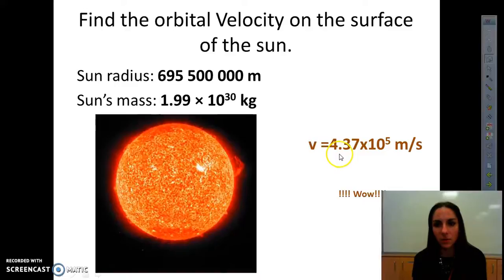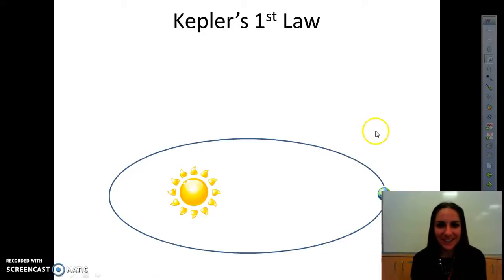So the sun, orbital velocity on the surface of the sun. In other words, if I were able to go around the sun right on the surface, the speed that I would have is, as you can see, pretty high. Wow, right? Okay, great.